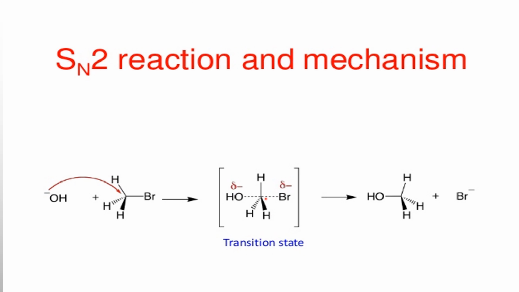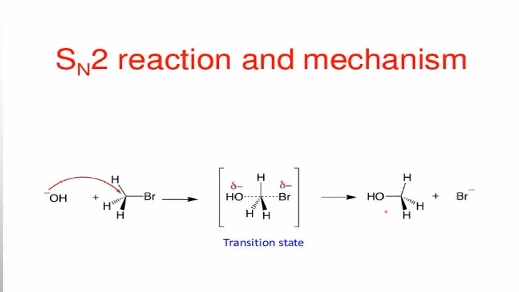So this carbon in the transition state is called pentacoordinate carbon, which carries partial bonds with oxygen and bromine and partial negative charges on OH and Br, that is, the nucleophile and leaving group. We get the product CH3OH, but notice that in the product the hydroxyl group is present on the opposite side of the bromine which was present in the substrate.